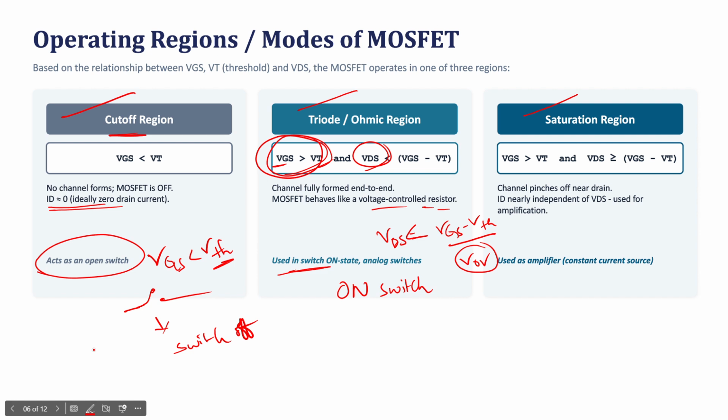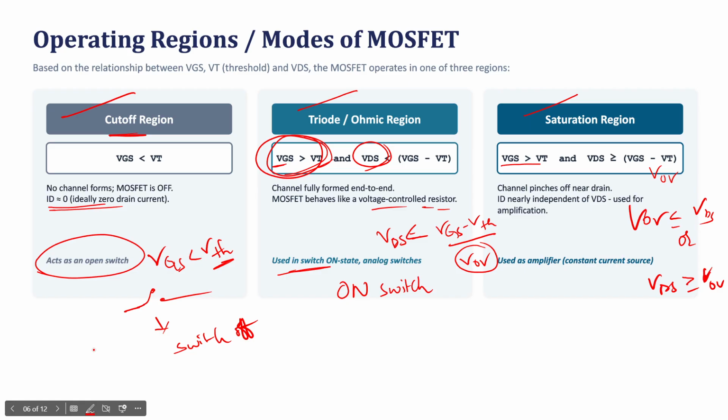So coming to the saturation region. Here VGS is greater than VTH, which means VGS exceeds the threshold voltage, so there is channel formation. And VDS is greater than or equal to VGS minus VTH. That is, the overdrive voltage VOV is less than or equal to VDS, or we can say VDS is greater than or equal to VOV.